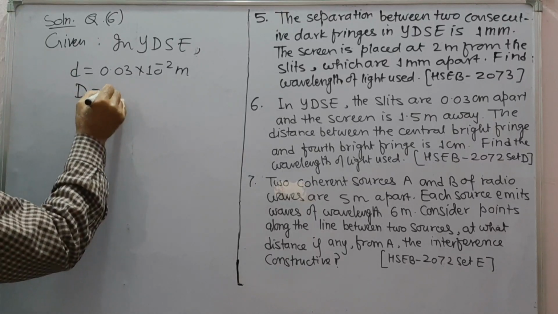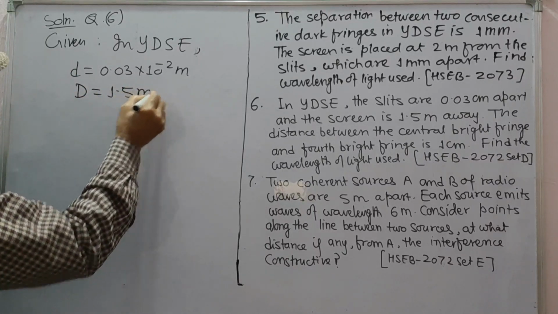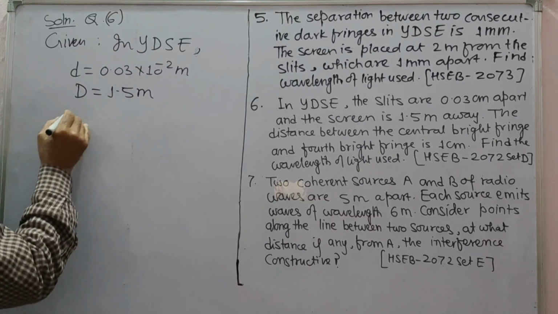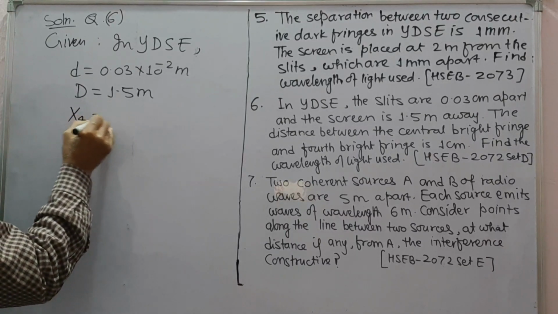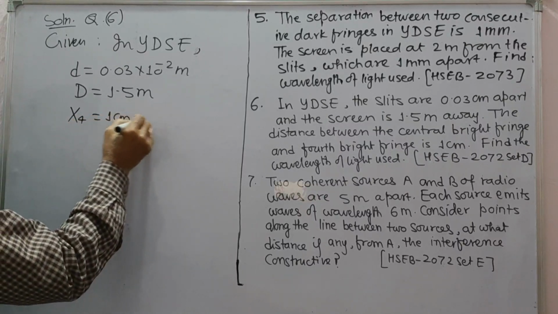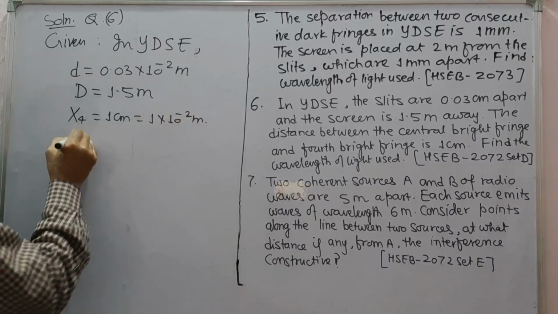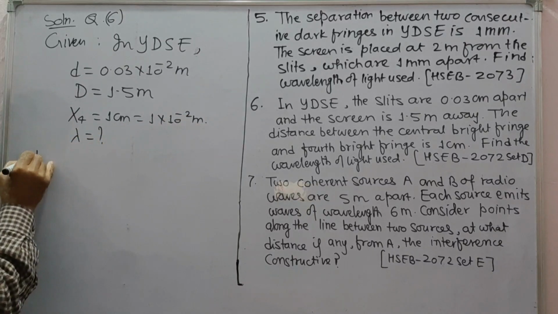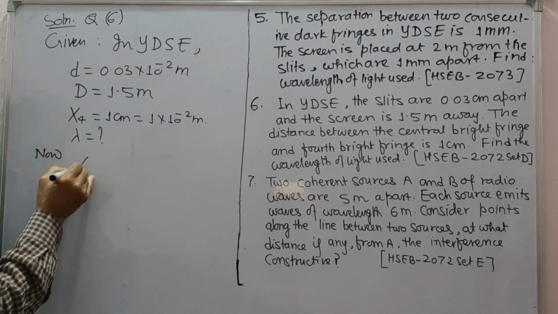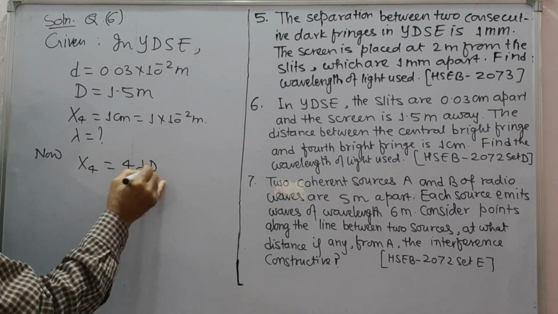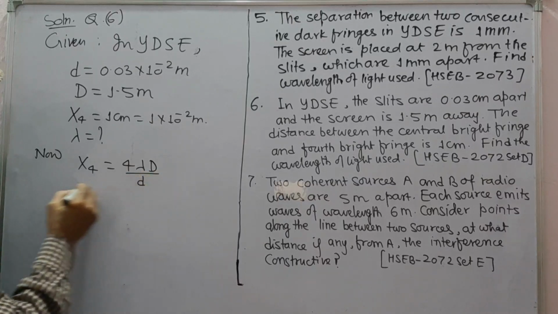Distance of the screen is 1.5 meter. Fourth bright fringe X4 is equal to 1 cm, that is 1 into 10 to minus 2 meter. What is wavelength? Now X4 will be equal to 4 lambda D by small d.